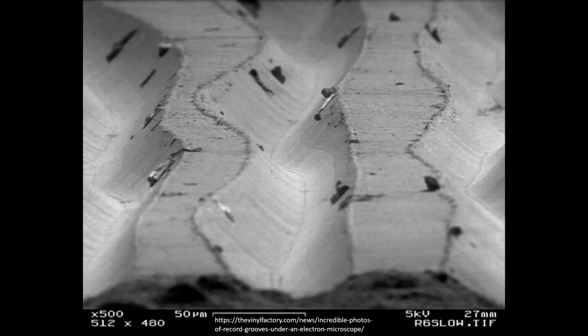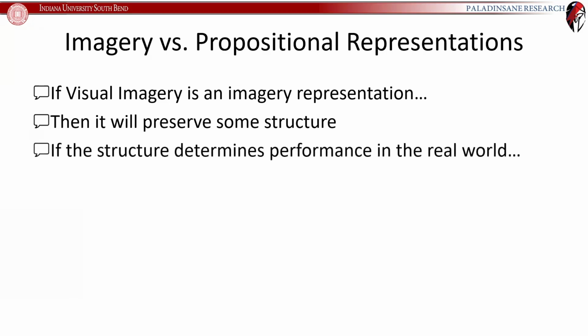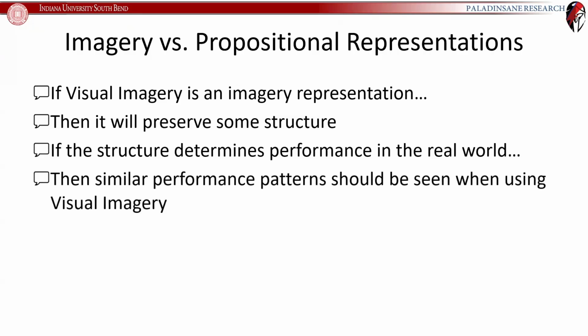It's not the sound wave, but it preserves the structure of the sound wave. If we have that type of imagery representation and it preserves structure in our minds, and then if structure determines performance in the real world, then similar performance patterns should be seen when you're using visual imagery.